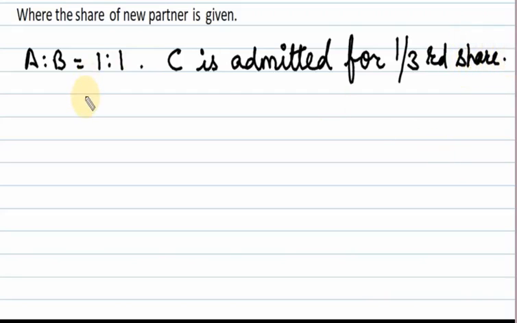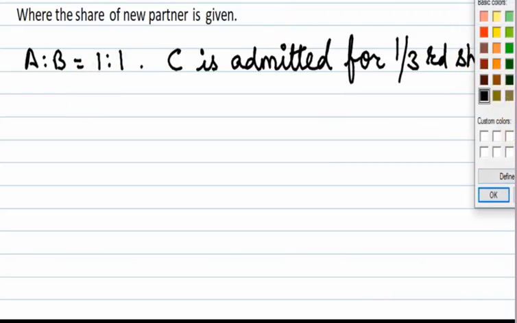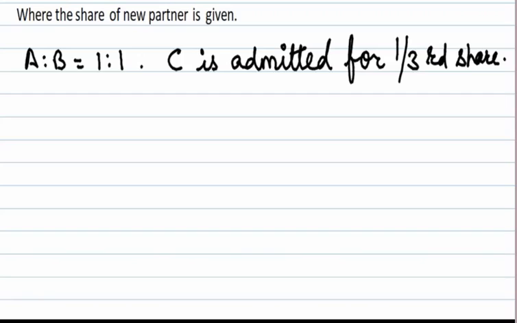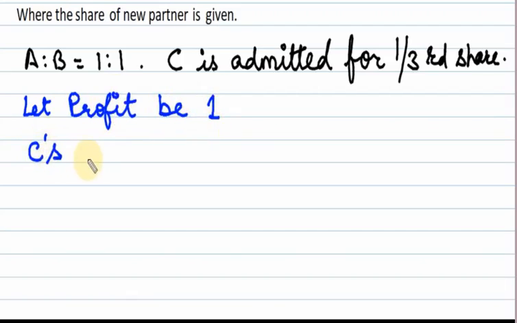So in this case, we know the profit sharing ratio of the old partners and we also know the share for which the new partner has been admitted. So at first, we will assume the profit to be 1. Now from 1 we will calculate the share of the new partner, which is 1/3 of the total profit, that is 1, and his share will be 1/3.